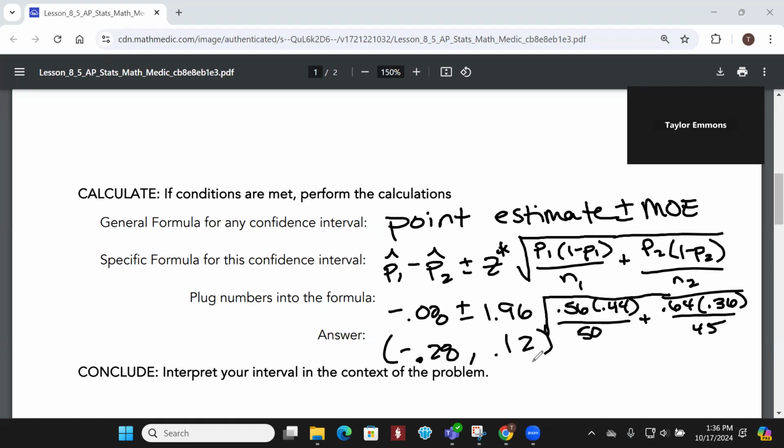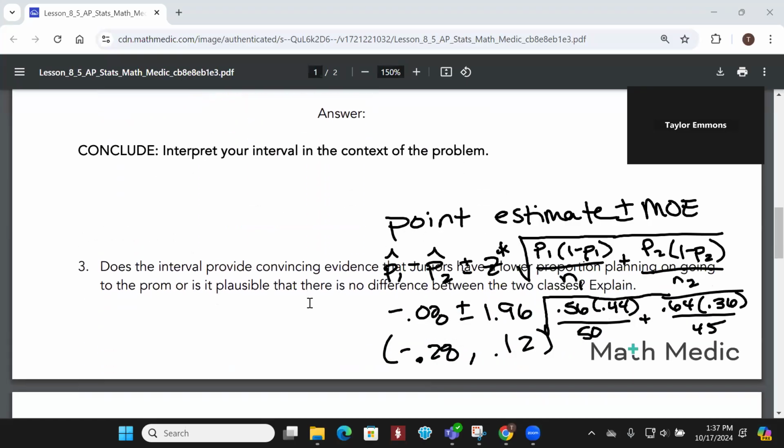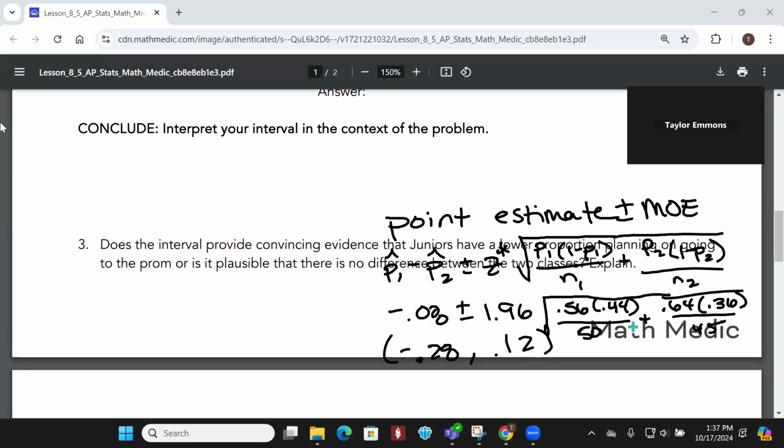Now, when we interpret our interval in the context of the problem, and if I'm going too fast, go ahead and pause and rewind, whatever you need to do.